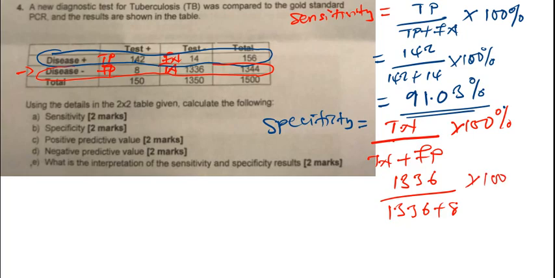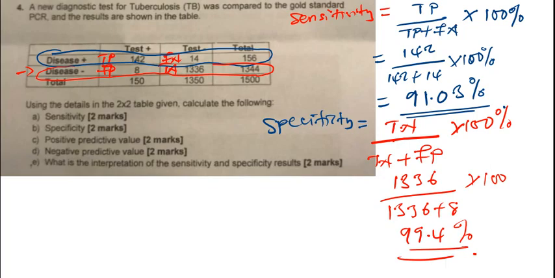So you just say 1,336 divided by 1,344, then the answer you get times 100. So that gives me 99.4%. So that is specificity.